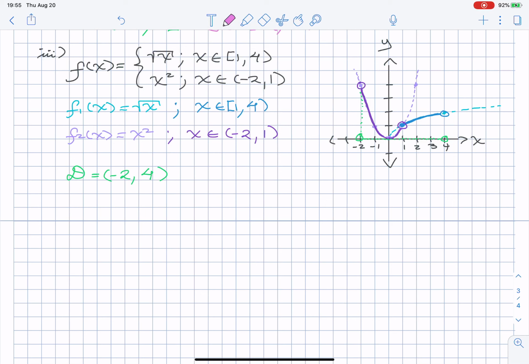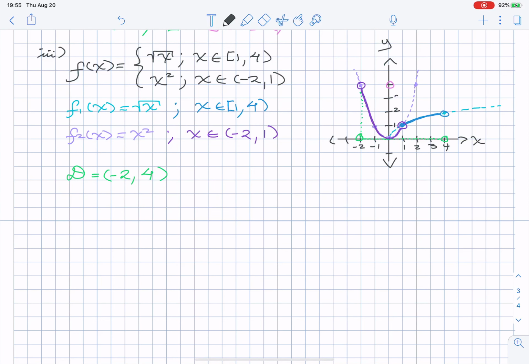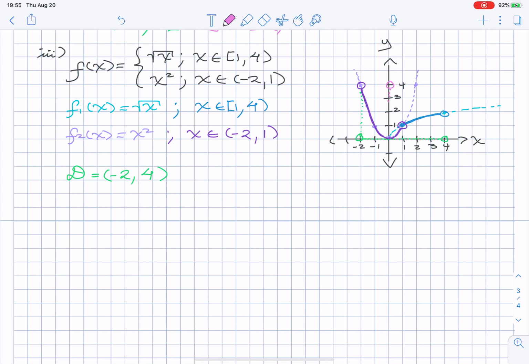Now if I look at the projection onto the y-axis, it's open up here at 4, but then it's solid all the way down to 0. So the range starts at 0 and goes to 4, but does not include 4. Hopefully this is making sense, and I'll see you guys in the next video.